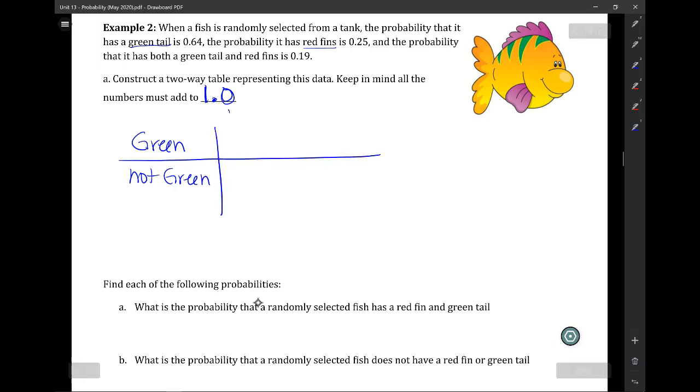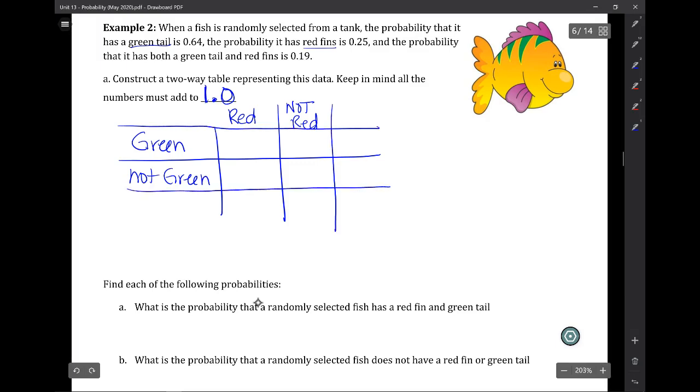The opposite of red fins would be not red. Okay, the safest way to make a two-way table is to do something and then the opposite one be not that something. All right, so here are our two-way categories. And we know that the grand total has to add up to 1.0.